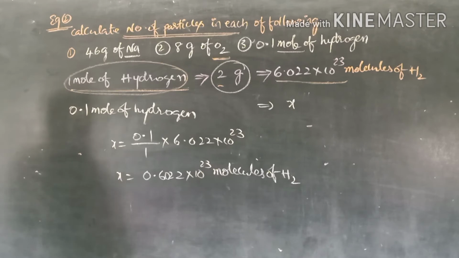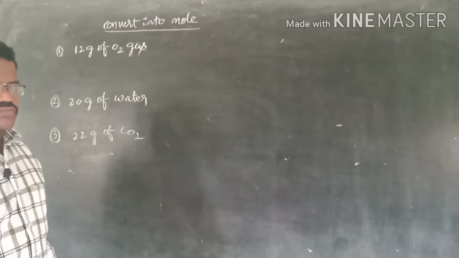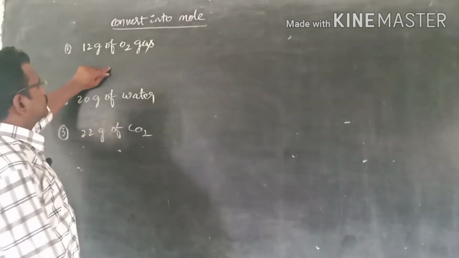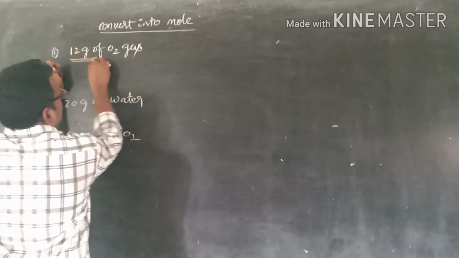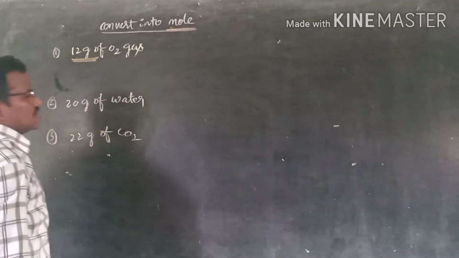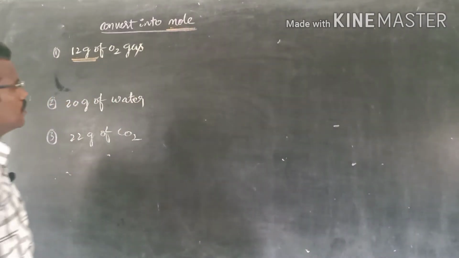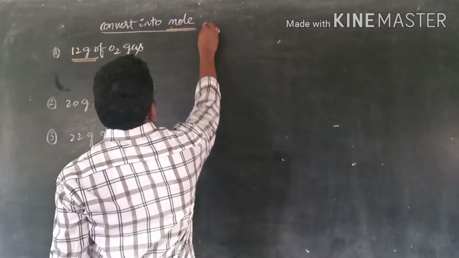Let us discuss one more example model. In this, we want to convert the given weight into moles. Now they require the relation between the weight and mole. What is the general relation in the first one?